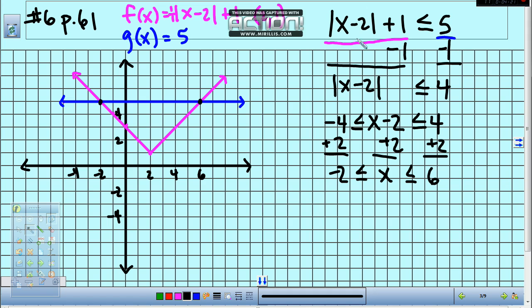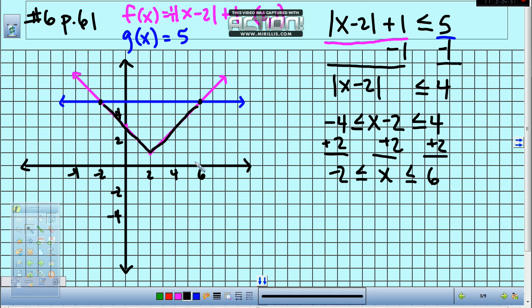So f of x, the pink one, is less than the blue one. It's talking about this part right here, the pink that is less than the blue part. So you're describing all the x values in this range, starting here and stopping here at the 6.